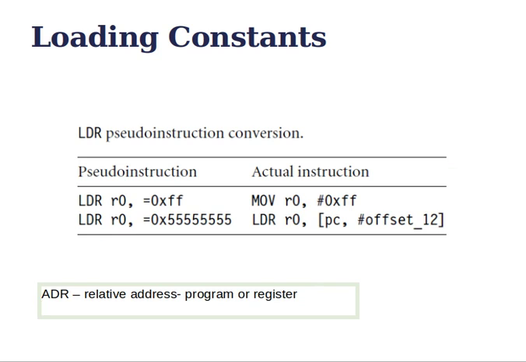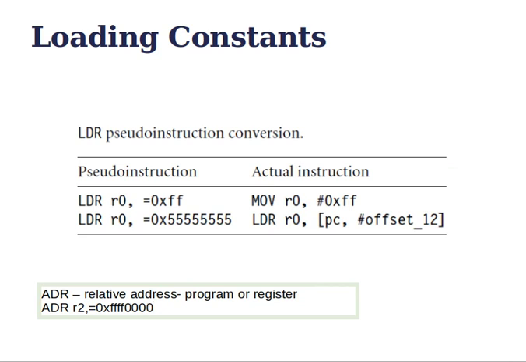Let's take an example for that. ADR, and as the syntax goes, it takes a register. Let's take R2, comma, equal to 0xF0000. Let's take this as an example.